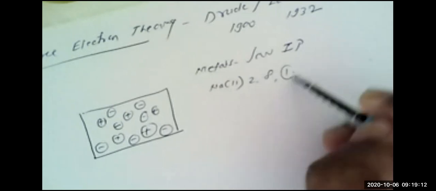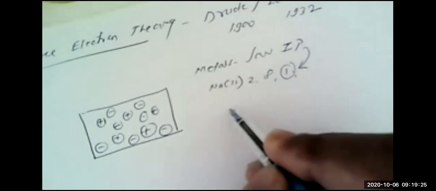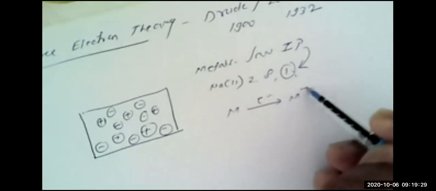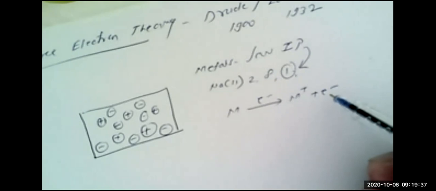This energy that is required to remove this electron is known as ionization potential or ionization energy. As we know, metals have very low values of ionization potential. When the metal loses one electron, it becomes a positively charged species because of the loss of this electron. So these metals lose their electrons and become positively charged species.